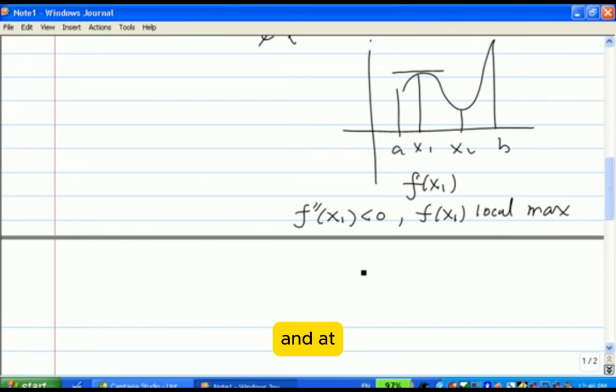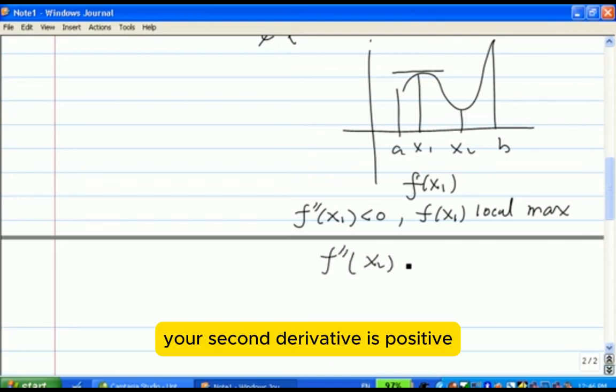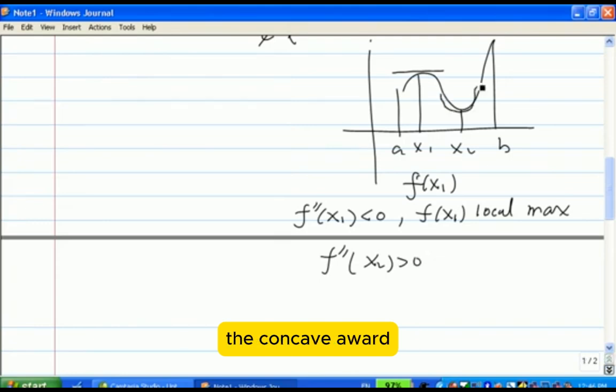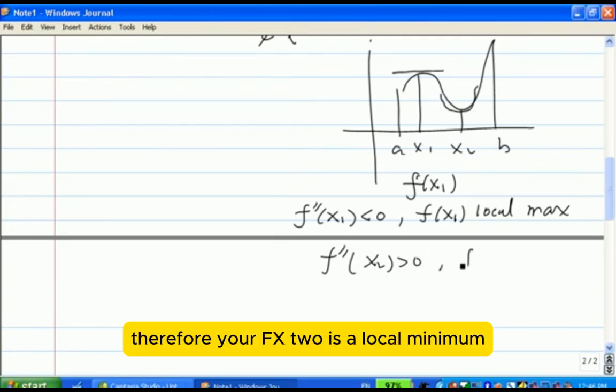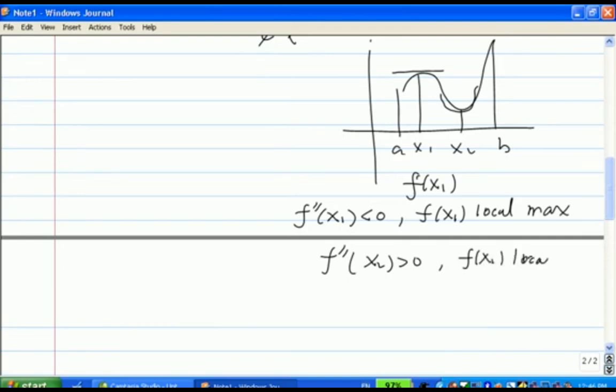And at x2, your second derivative is positive, right? Because my curve is concave upward. Therefore, f(x2) is a local minimum.